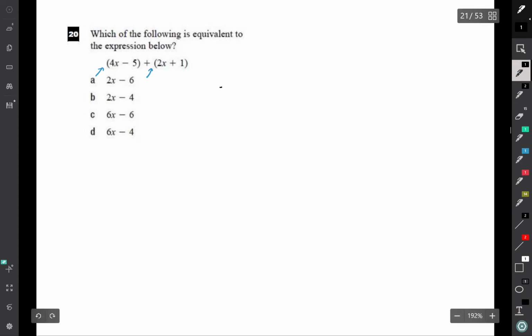So I can actually just rewrite this as 4x minus 5 plus 2x plus 1. All right, and then I can combine my terms that go together. So the 4x and the 2x, those are like terms. The negative 5 and the positive 1 are also like terms. So I end up with 6x minus 4. D.